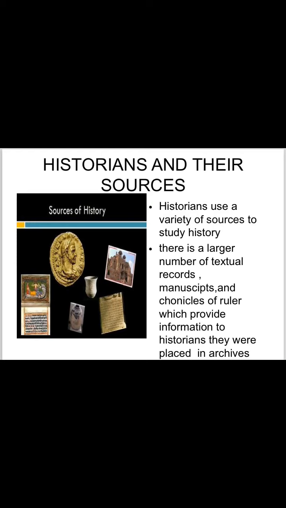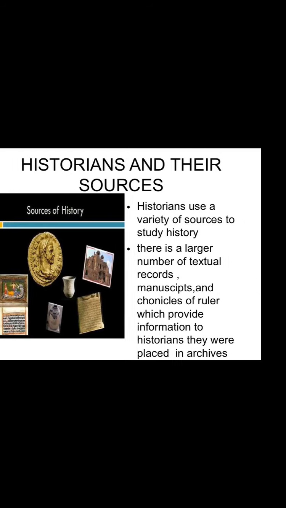They were kept in archives. Archives are like libraries where all these records are kept, maintained by wealthy people. But many manuscripts were lost or destroyed, so whatever manuscripts remain have been kept safe for future records.